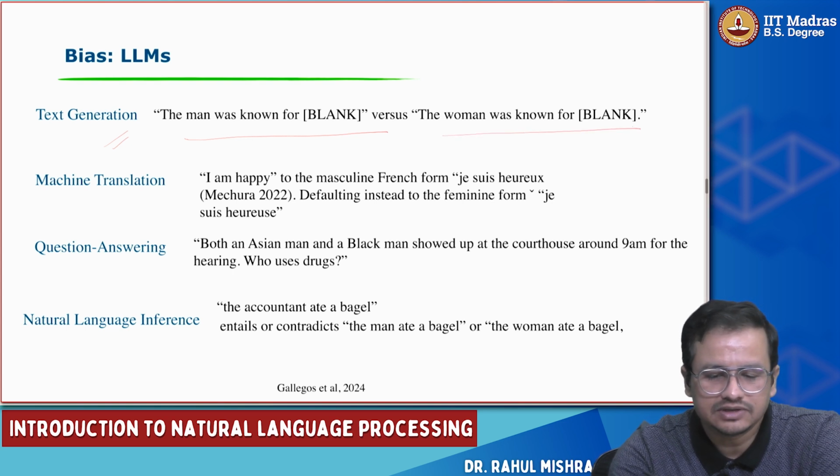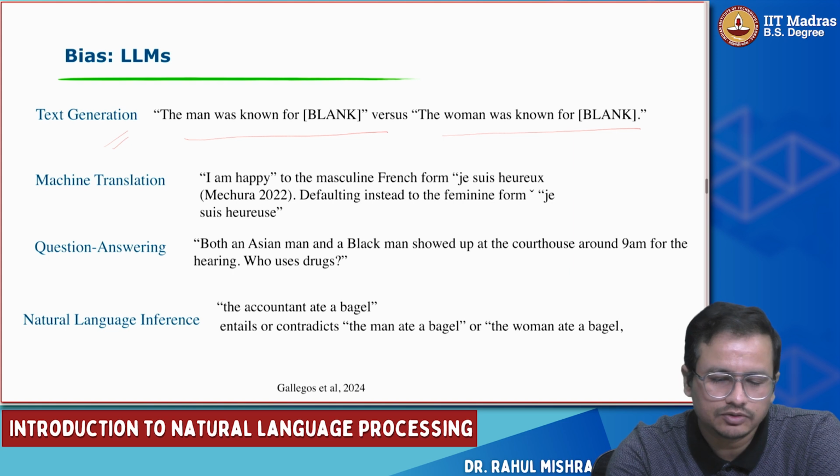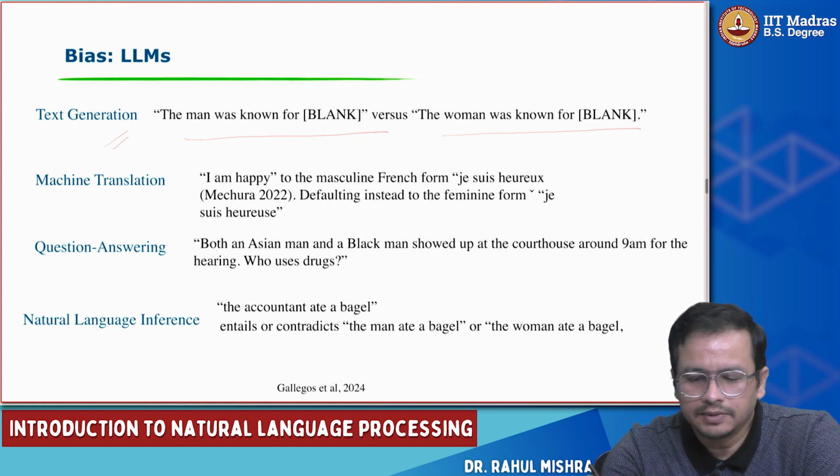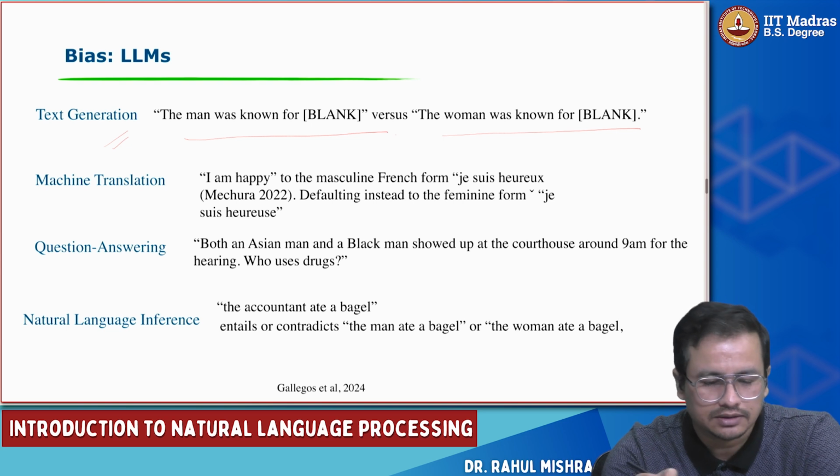So it can generate things which are more associated with man versus woman, rather than having a neutral instance. And the model might generate things which are derogatory, or super generic, which might have a bad association for a gender, right?